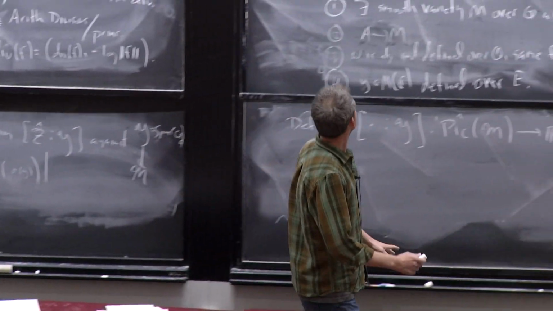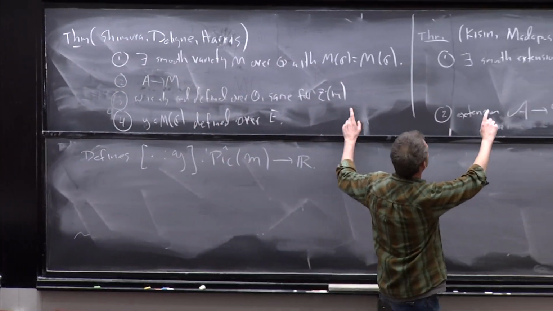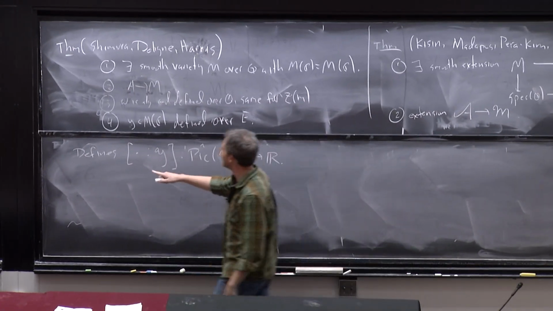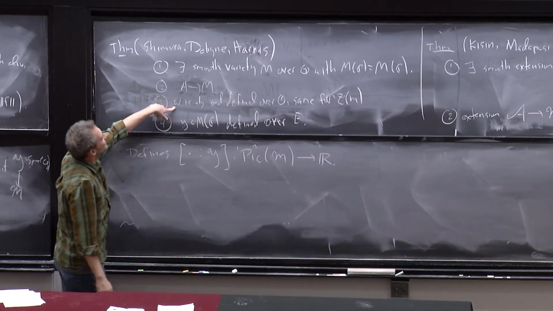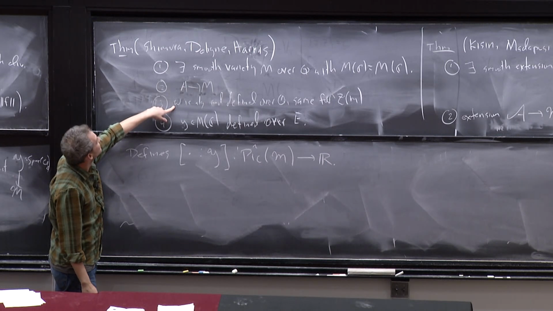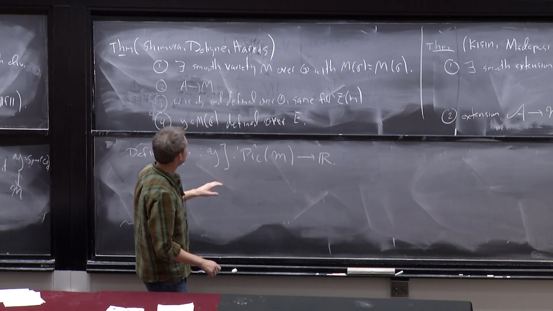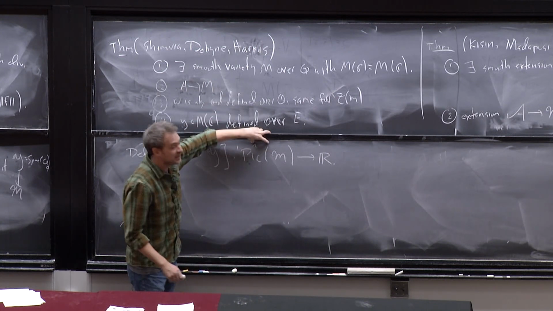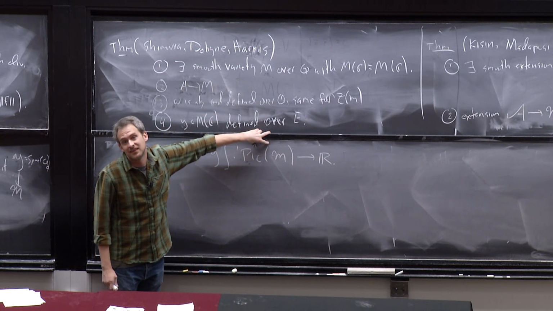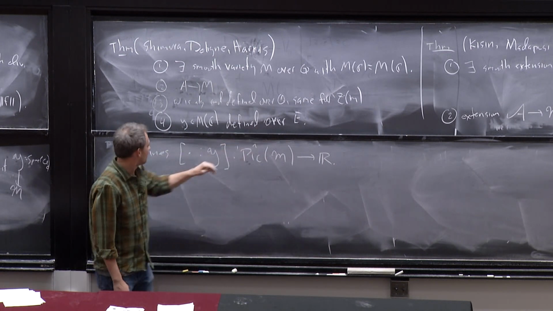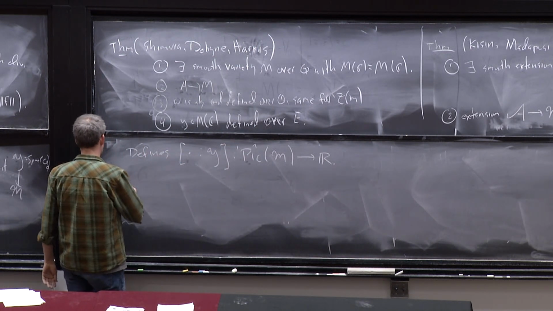And now, I erased it, but this tautological bundle that's algebraic and defined over Q extended to the integral model, and it has a metric on it. So we have a distinguished element here, omega hat. And we can plug that into here.